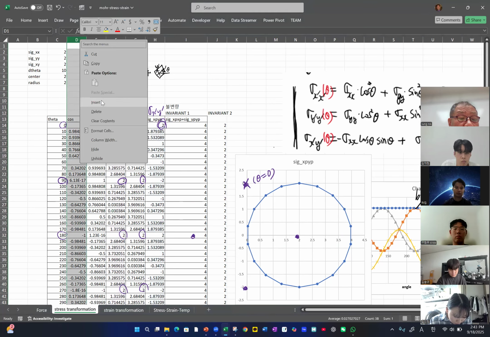We have a plot, and this was the original point, and then this was x and y, and this y means this is important, yy and xy, and xx sigma xy. Now we change the angle to theta, and we have this new point.